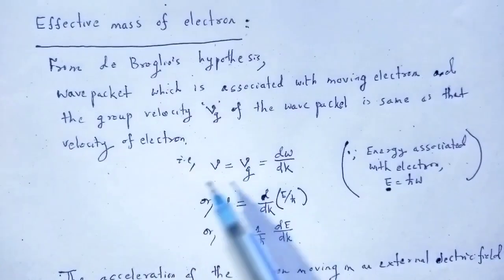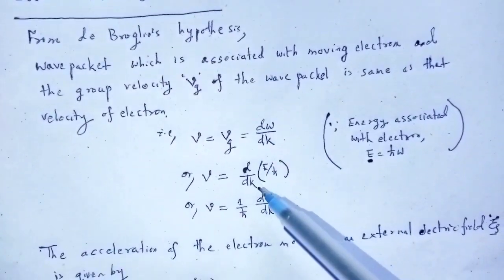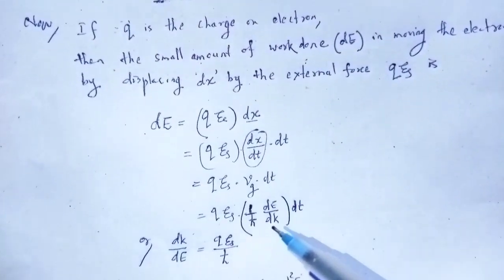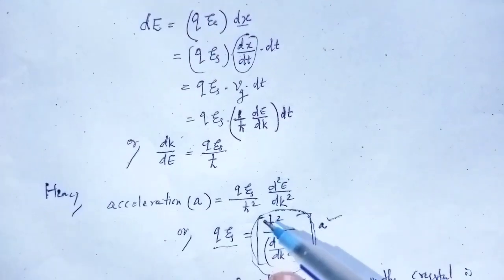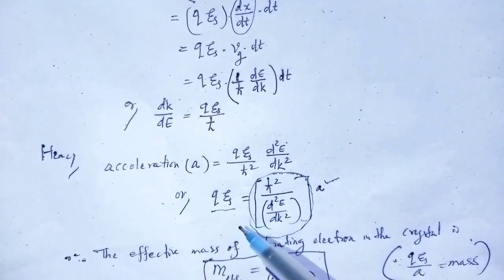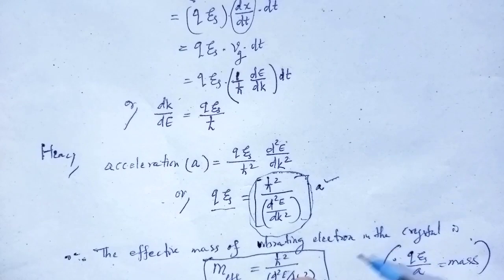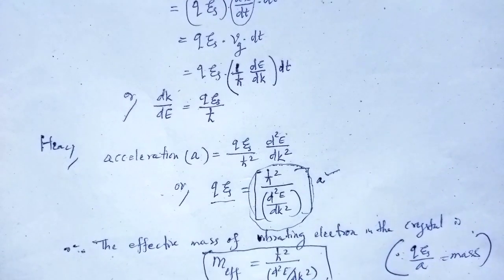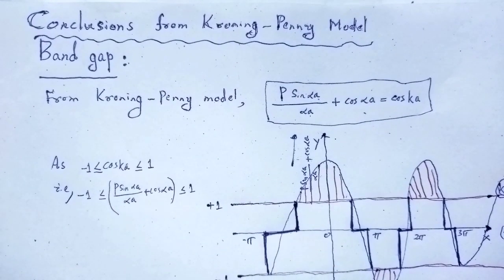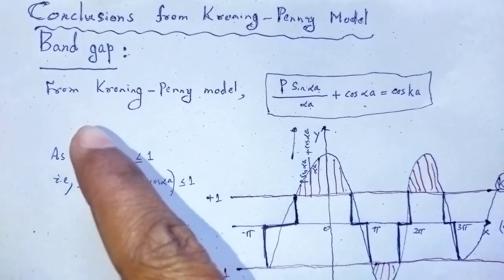For the expression for effective mass of an electron, first we calculate its velocity, then acceleration. By using that acceleration concept, force is equal to mass into acceleration, the effective mass of the vibrating electron in the crystal is evaluated. So, with the help of this video lecture, we understand the conclusions from the Kronig-Penney model as an idea of band gap.